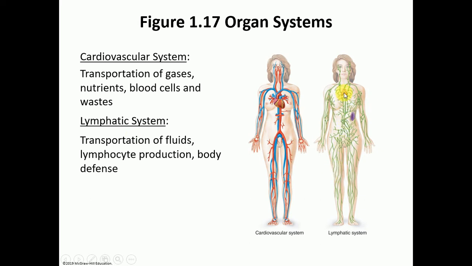Lymph is a kind of fluid that has its own lymphatic vessels, and it is considered part of the immune system. Okay, so it is responsible for body defense, and lymphocyte production. Lymphocyte is one of the 5 kinds of white blood cells that we'll be talking about in chapter 14.